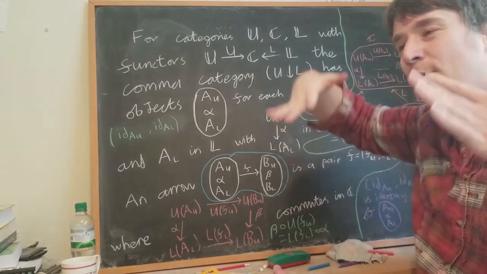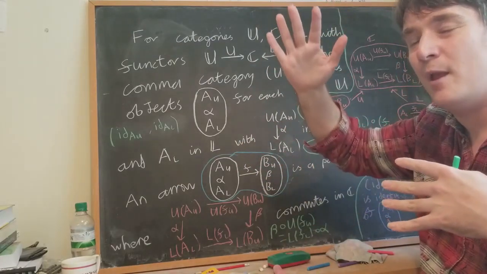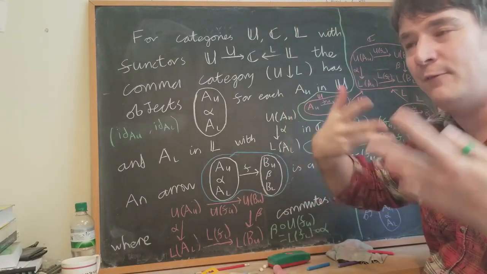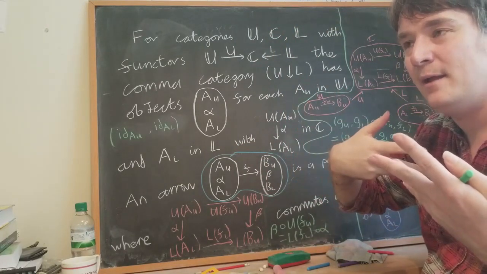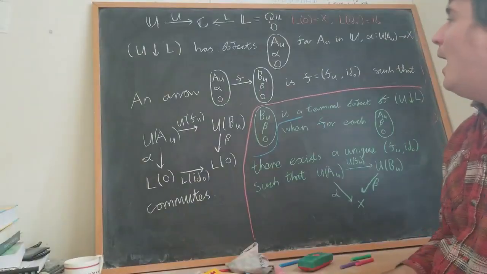So we're now going to look at a specialized case of this where we can define what a universal morphism is.